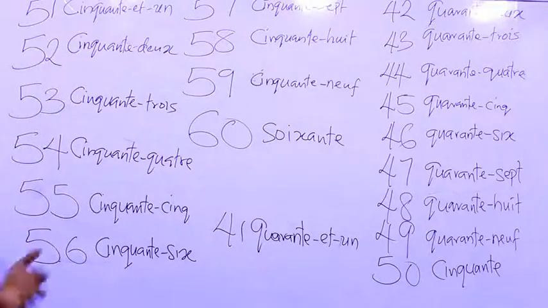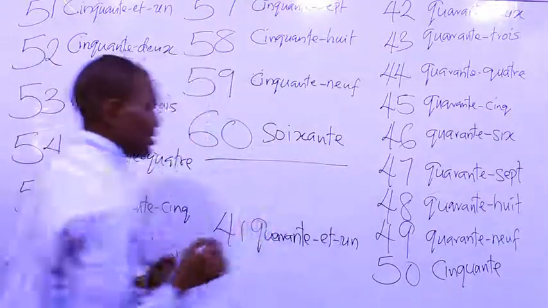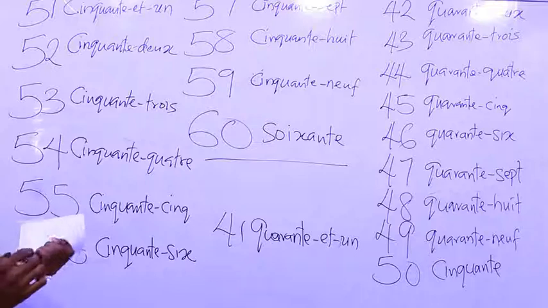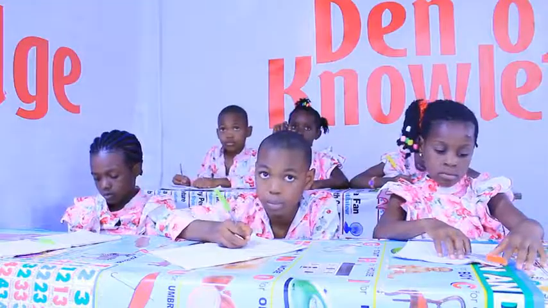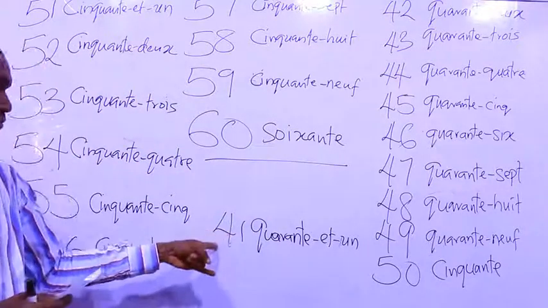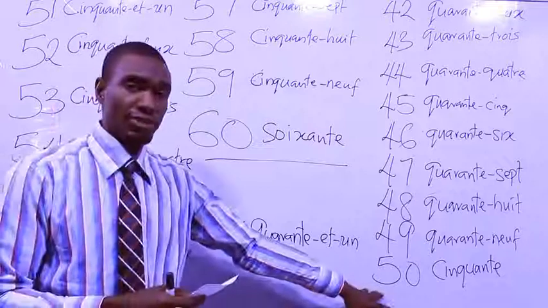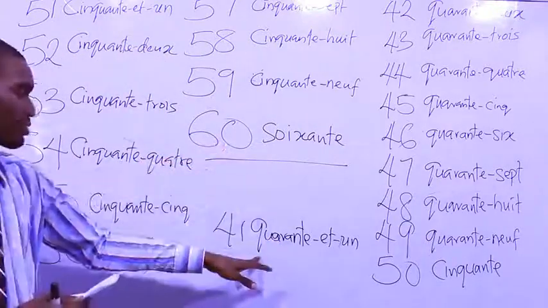So you see, it's very simple. We said we'll count from 30 to 60. So you can see your numbers. Having counted from number 30, we proceeded to 40. Then starting from 41, we proceeded to 50 and then to 60. Okay, let's take these last numbers.